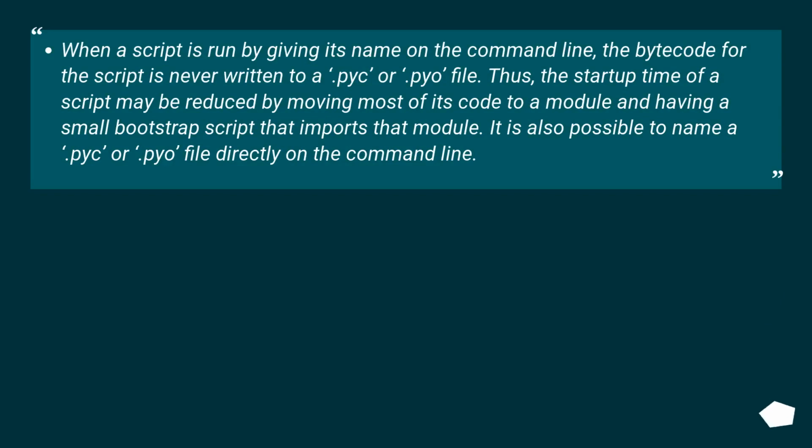When a script is run by giving its name on the command line, the bytecode for the script is never written to a .pyc or .pyo file. Thus, the startup time of a script may be reduced by moving most of its code to a module and having a small bootstrap script that imports that module. It is also possible to name a .pyc or .pyo file directly on the command line.